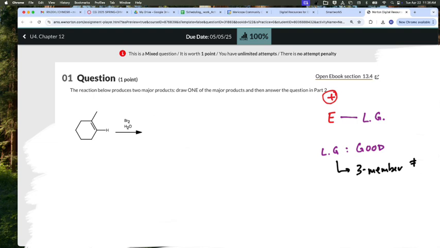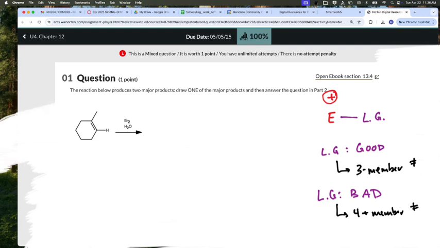If your leaving group is bad, you'll end up going through a 4+ membered transition state, or legitimate intermediate. So that is something to pay attention to and watch out for as we navigate these things. Those are the big summary behind it.